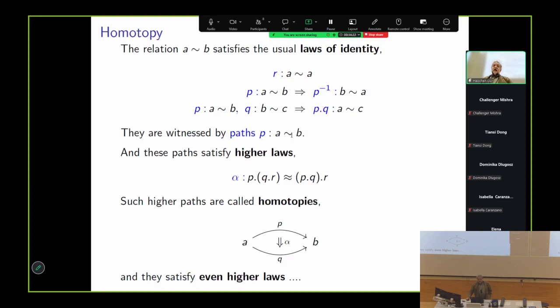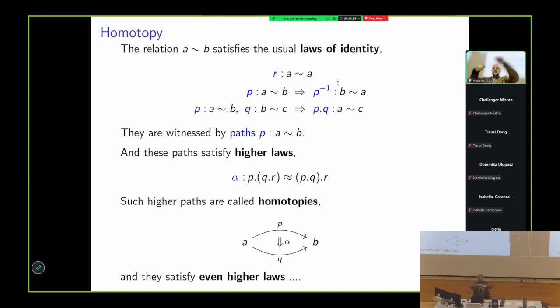But of course, there are higher laws of identity. There's the associativity, for example, and other laws, like if I reverse, then the round trip across and back should be equal to just staying put at A. And that's one of the laws of homotopy theory, that I can deform going out and back to staying at the point.